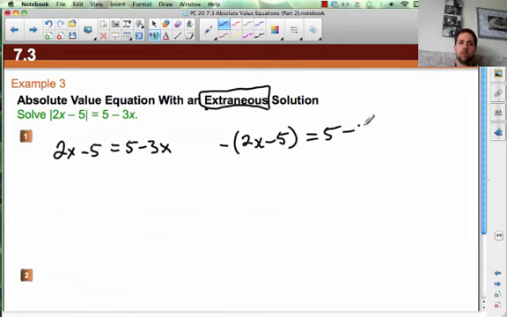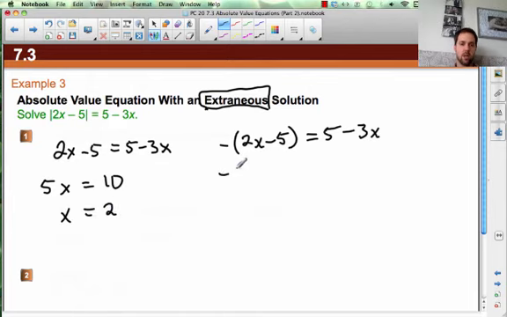So these are the two possibilities for this equation. So 2x, add 3x, and we get 5x. Add 5 over to the other side, 5x equals 10. Divide them both by 5 and we get x equals 2.